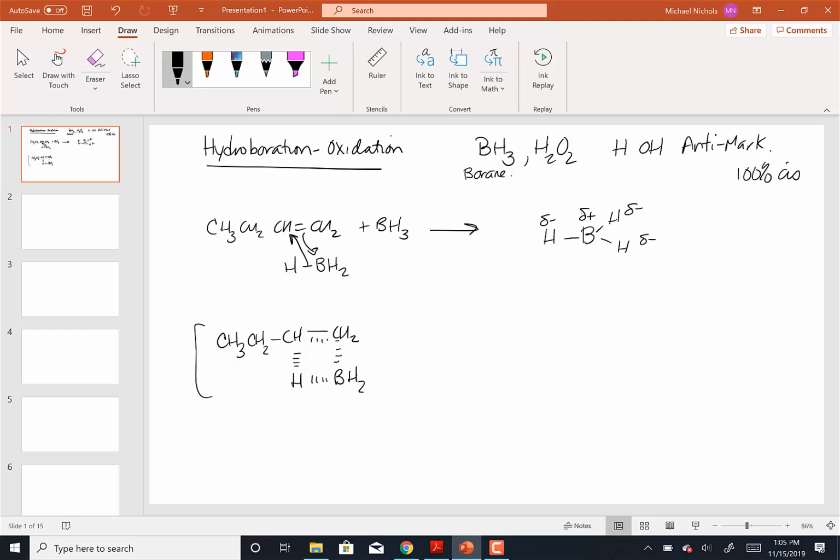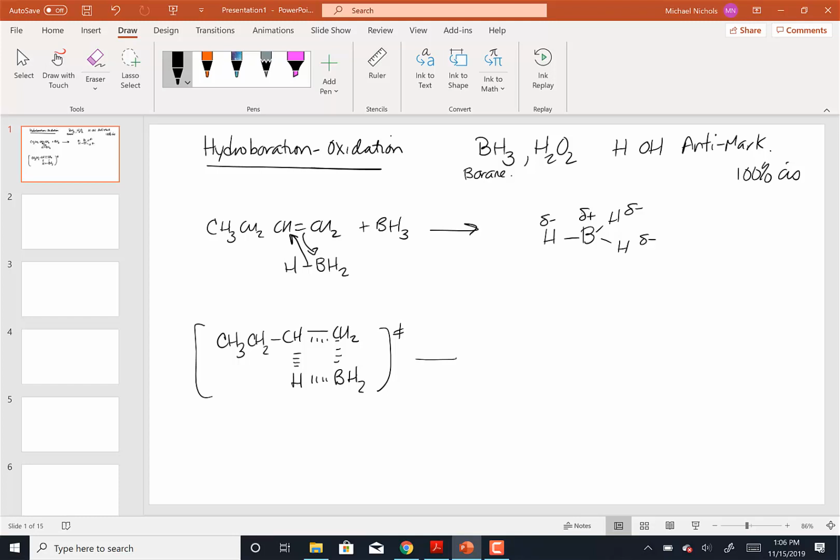There are no charges in this transition state, because our usual approach for transition states is to average the charges of the reactant and the product, and there are no species that have charges in either the reactant or the product. So there's no charges here.